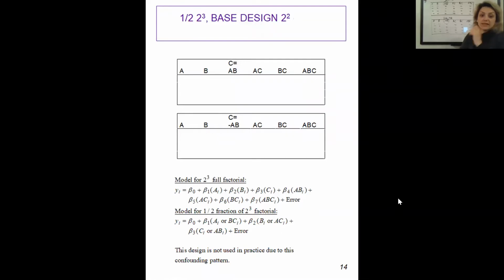So for the half fraction of the 2 power 3 factorial, we would say it would be beta 0 plus beta 1. Then we are going to choose one of these because these effects are the same, like the values of them are the same. Even when you look at the tables, you could see that A, and then it's like A or BC.